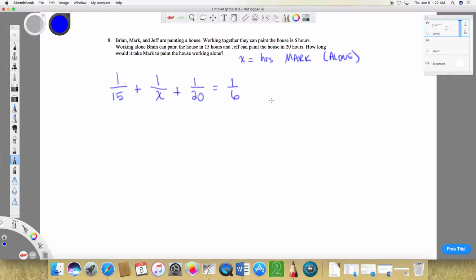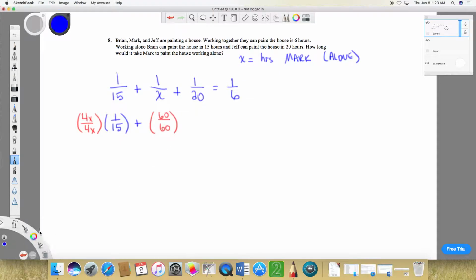All right, so we need to get a common denominator of 60x, it looks like to me. If we take the 15 and multiply it by 4x over 4x, that'll get me a 60x in the denominator. For this other term, let's multiply by 60 over 60.